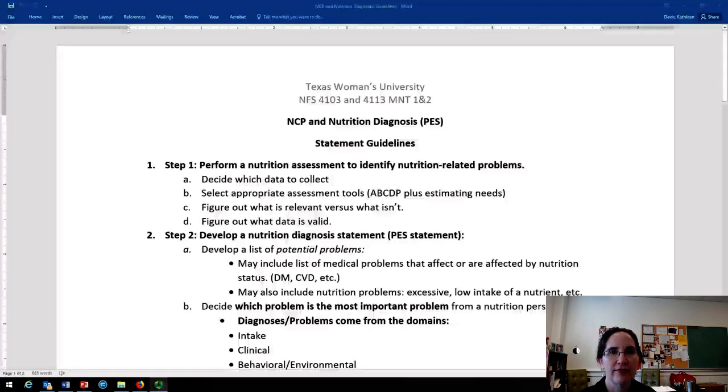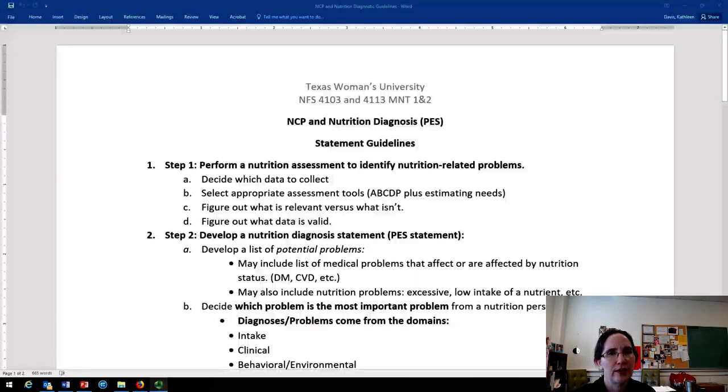You as the dietitian might have access to an electronic health record or electronic medical record, and you have to decide what to take from the history and physical, from an operation report, from certain testing that's been done, what labs to write down, whether you're going to perform anthropometric assessment or just rely on the weight and height that might be in the chart, which biochemical pieces of data you're going to rely on, and when you perform a nutrition-focused physical exam, what you're going to assess. Then you need to figure out what is relevant to this patient and what isn't, and what is valid versus what looks to be suspect.